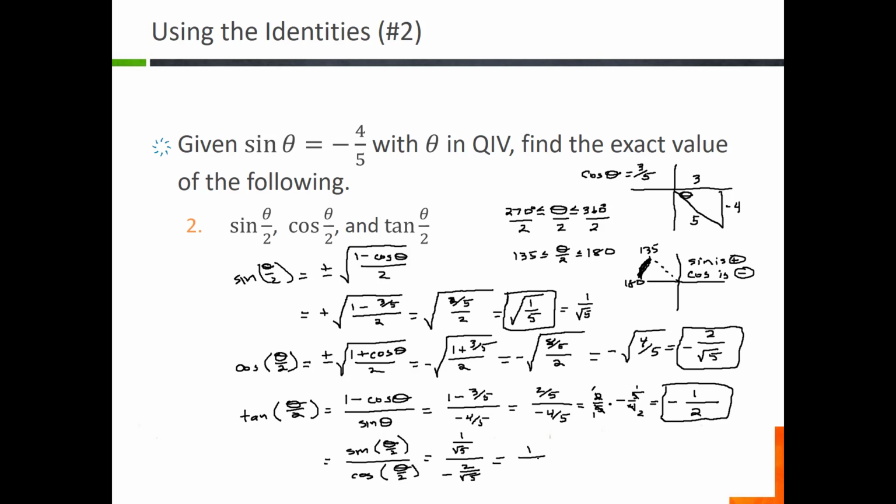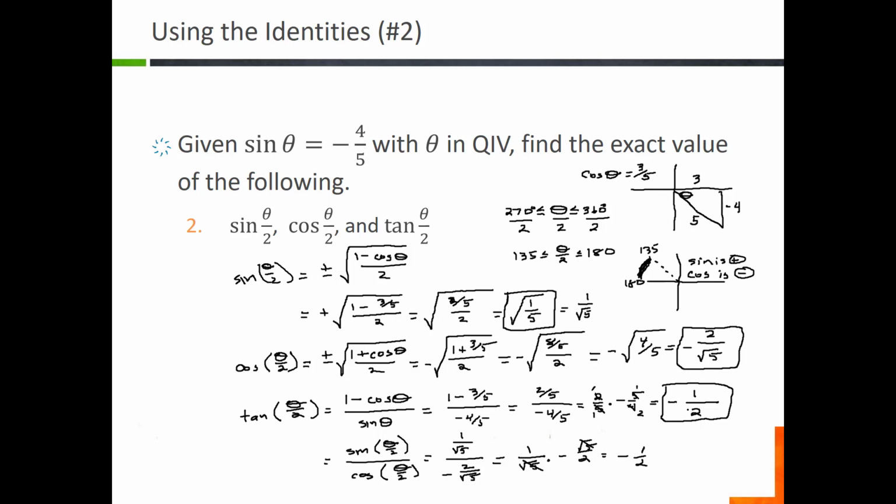Which is 1 over the square root of 5 times a negative square root of 5 over 2, multiplying by the reciprocal. The square roots cancel, and so you're left with a negative 1/2. So it does come out to be the same thing, and it's probably a little easier maybe to do.